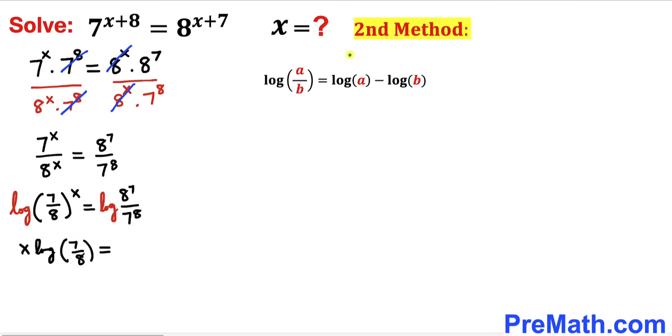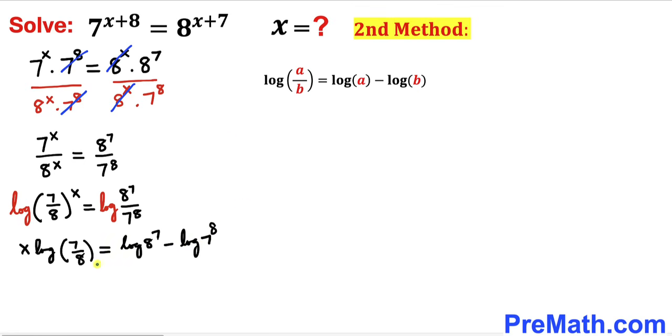And now let's recall another rule of logarithm. Log of a divided by b is going to be equal to log of a minus log of b. So therefore the right hand side could be written as log of 8 power 7 minus log of 7 power 8.